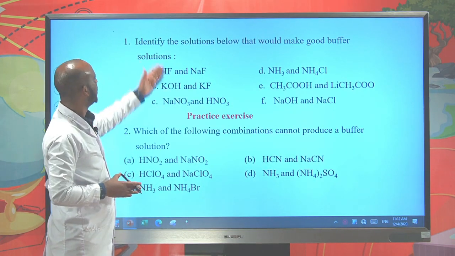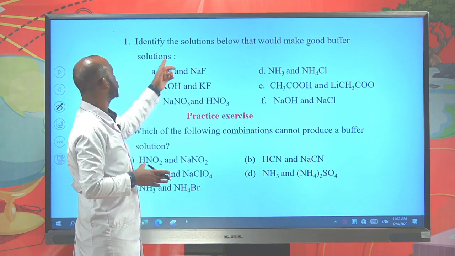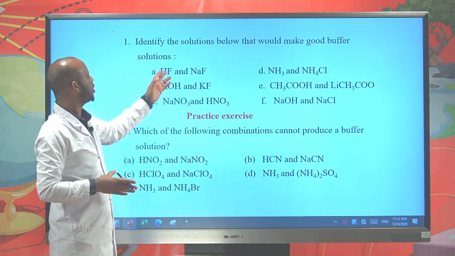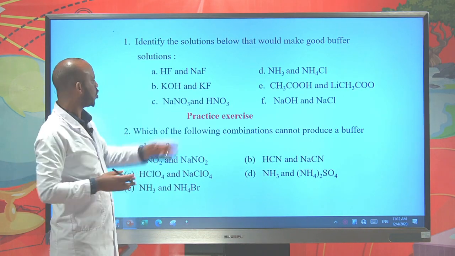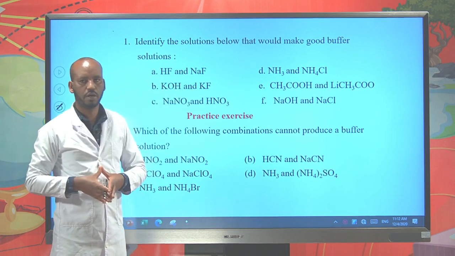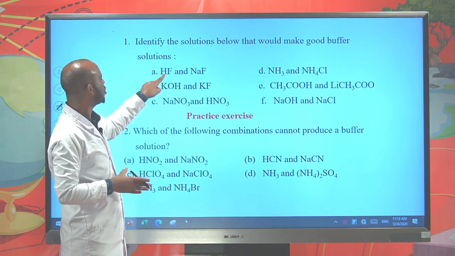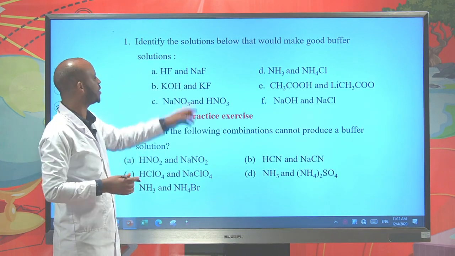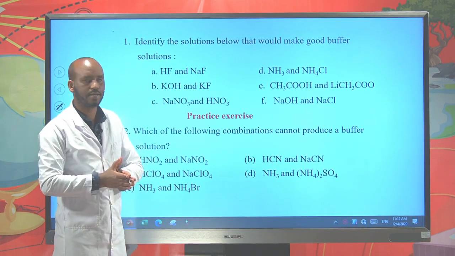For example, identify the solutions below that would make good buffer solutions. HF and sodium fluoride. This solution is a buffer solution because it contains a weak acid, hydrofluoric acid, and its conjugate base, fluoride ion. Sodium plus is the spectator ion.